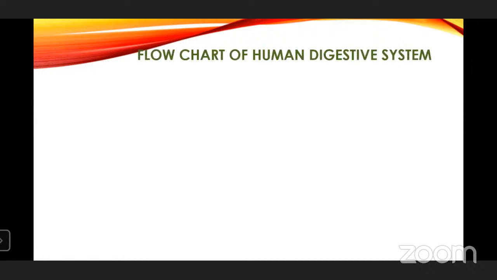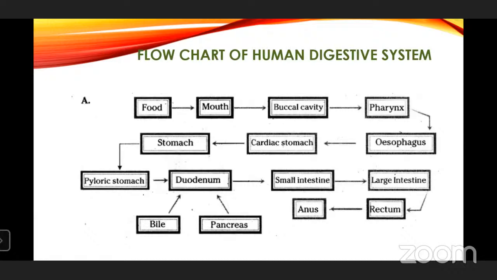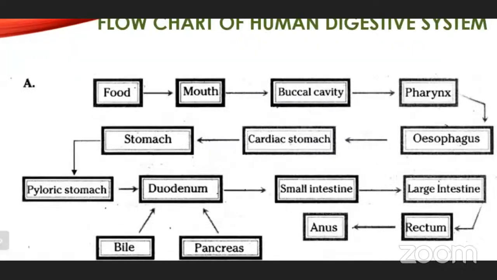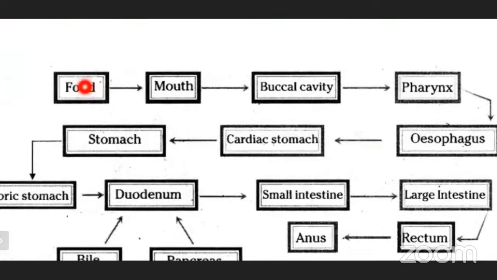The flow chart of the human digestion system we have already discussed. First, food, mouth, buccal cavity, pharynx, esophagus, and cardiac stomach.